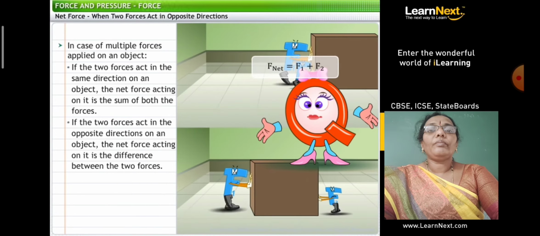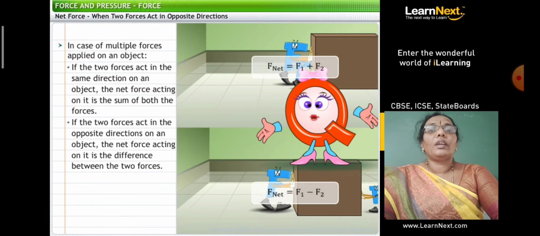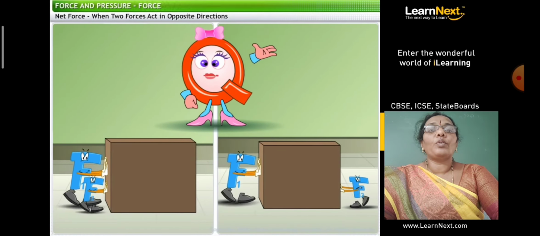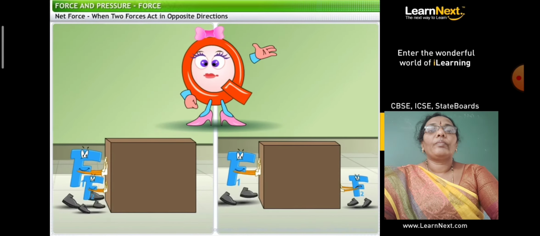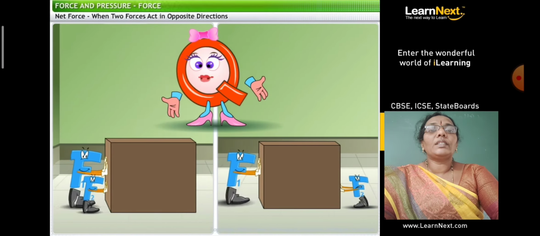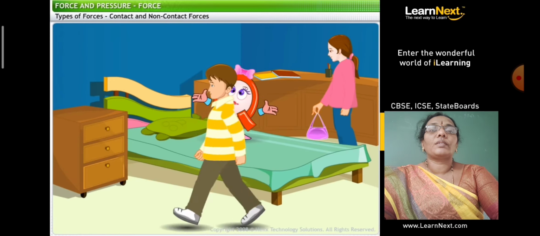But if the two forces act in opposite directions on an object, the net force acting on it is the difference between the two forces. Hence, we can say that the net force will be different in different situations. It is greater if applied in the same direction, and it is the difference between the two forces when applied in opposite directions.